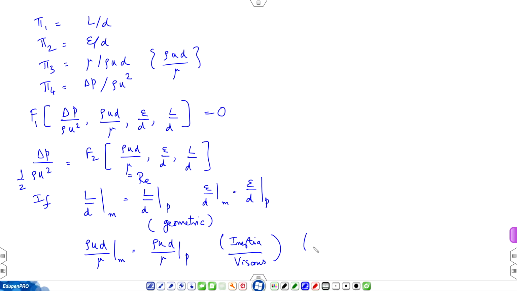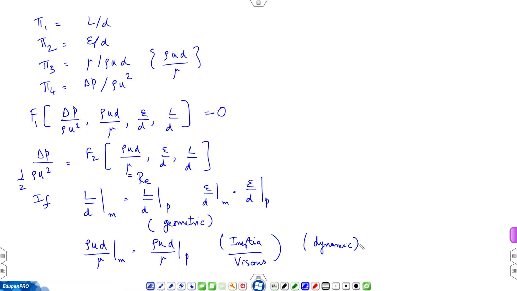So, it is a principle of dynamic similarity. If the principle of geometric similarity is fulfilled, and if the principle of dynamic similarity is fulfilled, then all principles of similarity are fulfilled and you can map data from the model to the prototype.